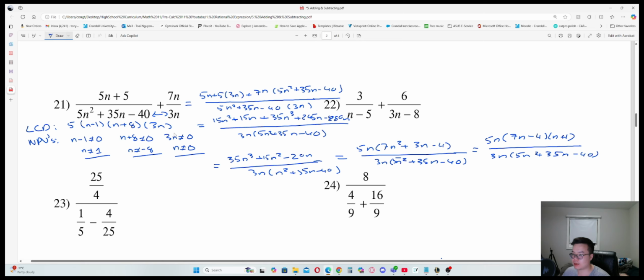We do have n here to cancel each other. So we will have 5. So we have 7n minus 4 and n plus 1, and then 3 times 5n squared plus 35n minus 40. This will be my final answer for adding and subtracting.